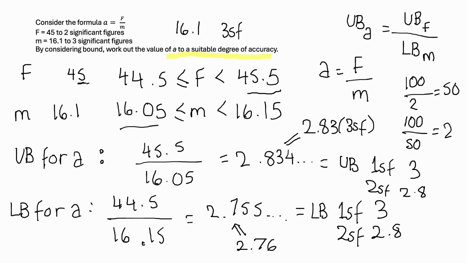No, because our upper bound to 3 significant figures is 2.83, whereas our lower bound for A to 3 significant figures is very different, which is 2.76. So our final answer is going to be 2.8 to 2 significant figures, as that is where the upper and lower bound for A both match. So 2.8 is our final answer.